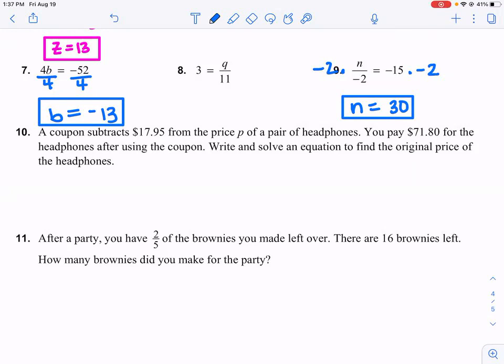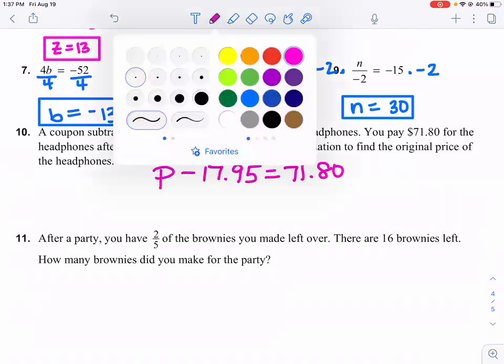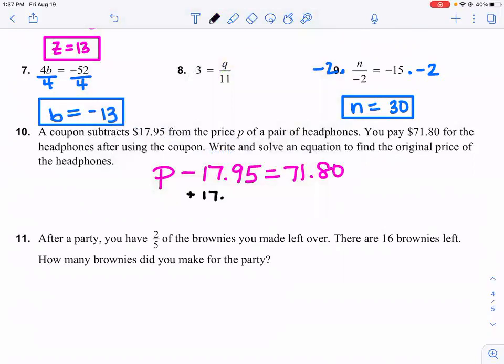I have a coupon that takes money off. Okay. Original price of the headphones, P. We subtract $17.95 from the price for a total of $71.80. So to solve, we will use our inverse operation.